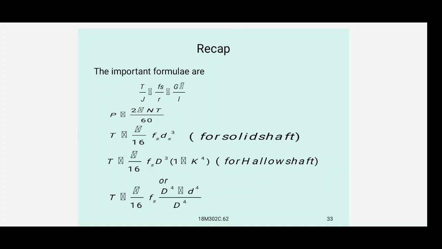T is equal to 5 by 16 into Fs into ds cube for solid shaft. Torque T is equal to 5 by 16 into Fs into capital D to the power of 3 into 1 minus k to the power of 4 for hollow shaft. T is equal to 5 by 16 into Fs into capital D to the power of 4 minus small d to the power of 4 by capital D to the power of 4.